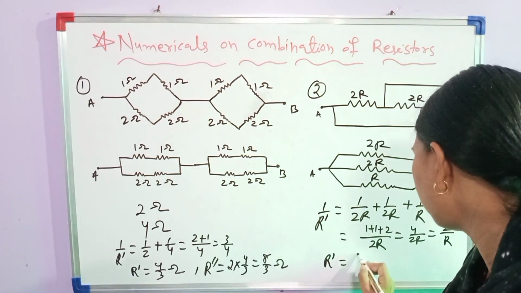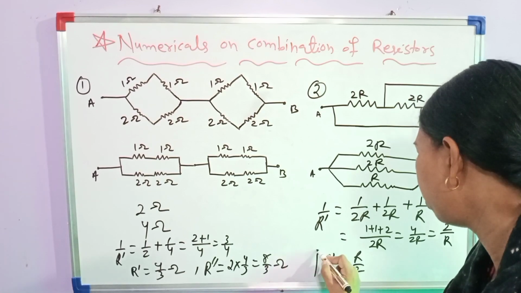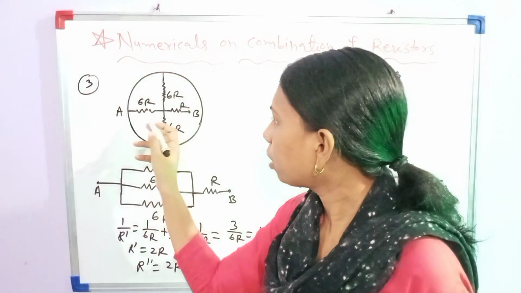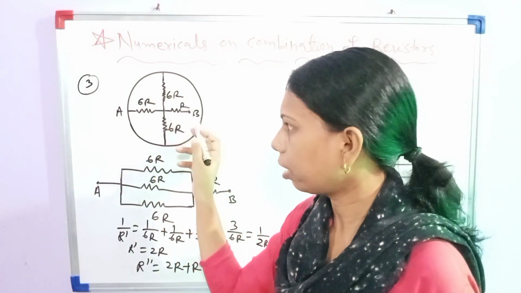R dash equals R upon 2. Next question number 3. 6R, 6R, 6R and R.